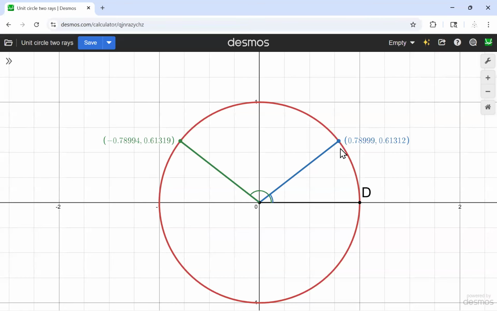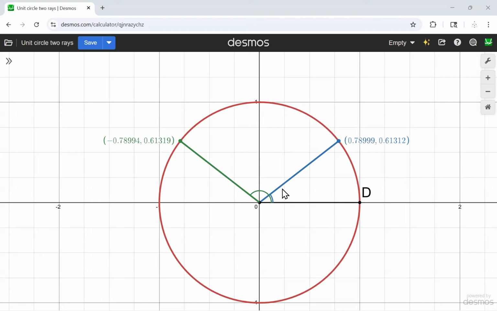Now, this is not a perfect representation by any means, but this kind of shows you the picture on the unit circle of why we're getting two angles with that sine of beta being about 0.61.